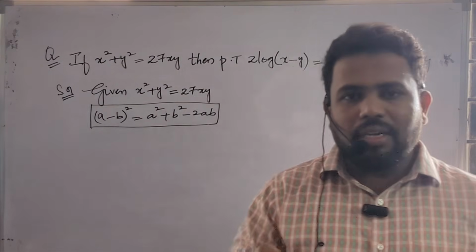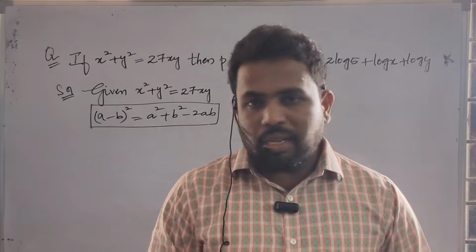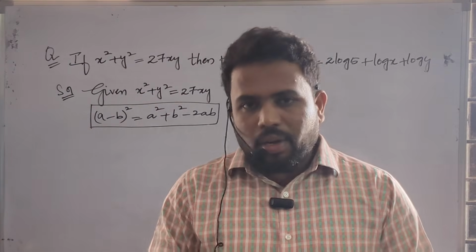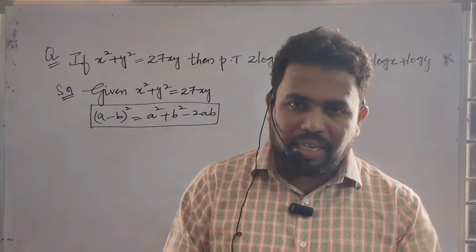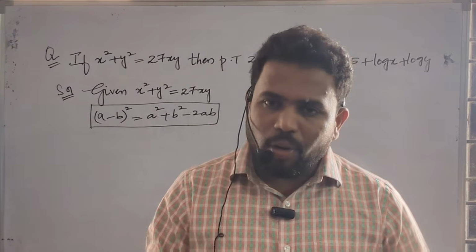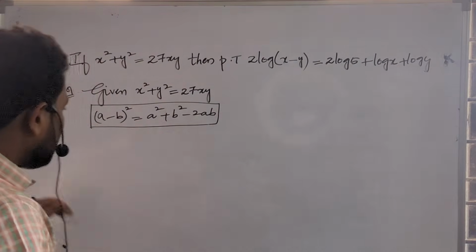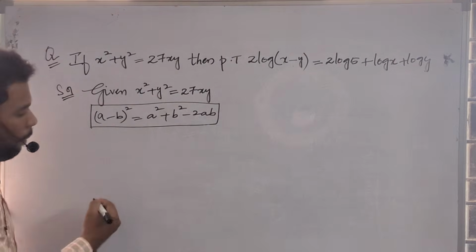Whenever we add, subtract, multiply or divide something in an equation, we have to do it on both the sides. If you are subtracting, subtract on both the sides; if you are adding, add on both the sides. So we are subtracting 2xy from both the sides.